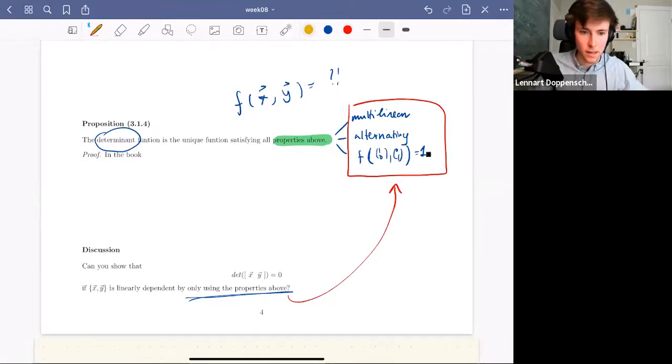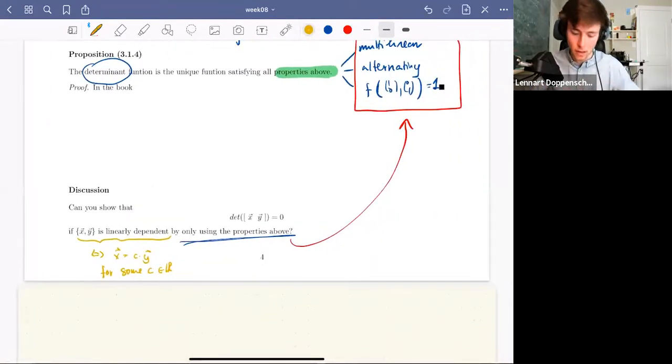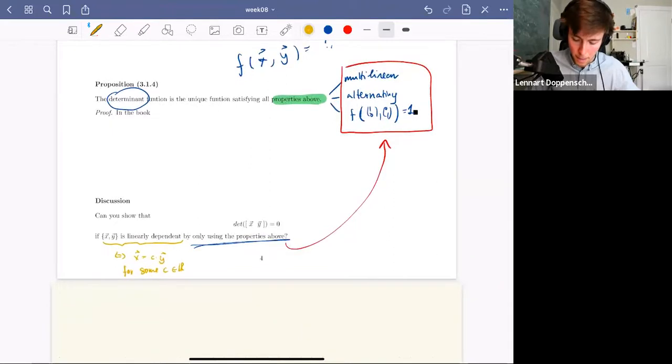Maybe as a hint, the last comment by Jensi is very, very helpful. So x and y being linearly dependent is exactly equivalent with saying that x is equal to c times y for some real number c. So if they're parallel, if they're multiples of each other, then they're linearly dependent.